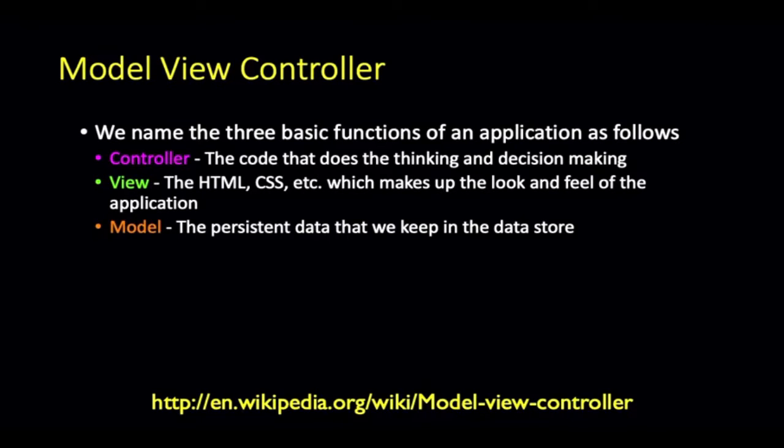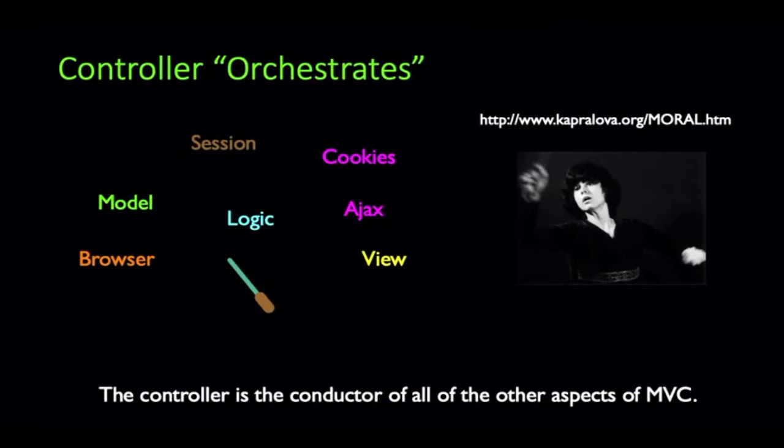And one of the things that the request response cycle often does is either store data in a database, like an insert, or edit something and put it in a database, or it just reads stuff from the database and shows it to us in the view. And so that's called the model. The database itself and the notion that we have persistent storage inside the application, that's what we call the model. The view is what we see, and the controller is kind of the glue that puts it all together. So the controller orchestrates all this stuff.